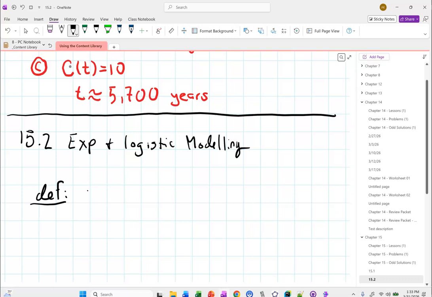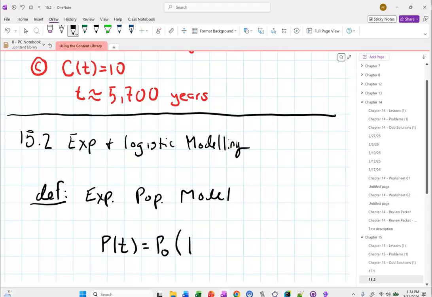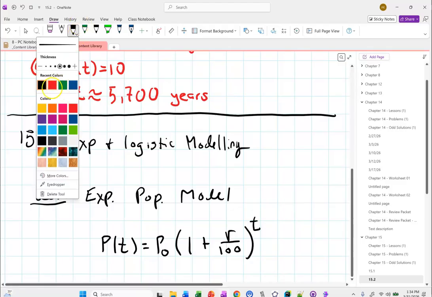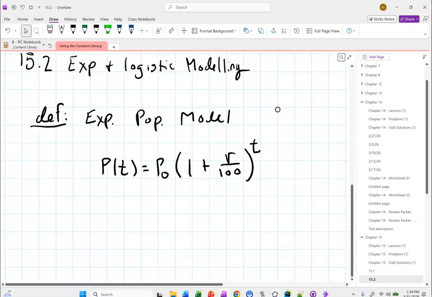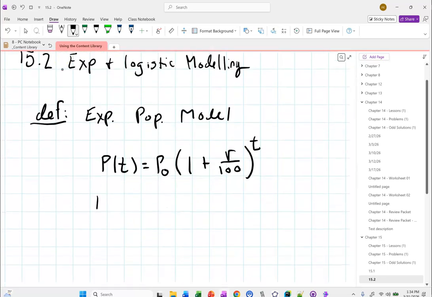So we're going to start by giving you the general form for the exponential population model, which looks like this.